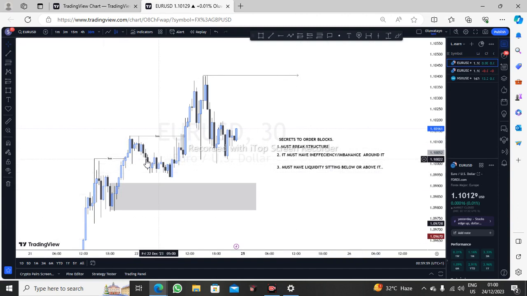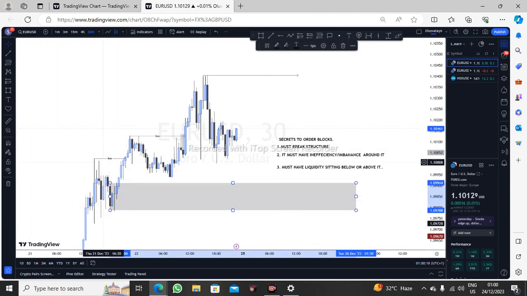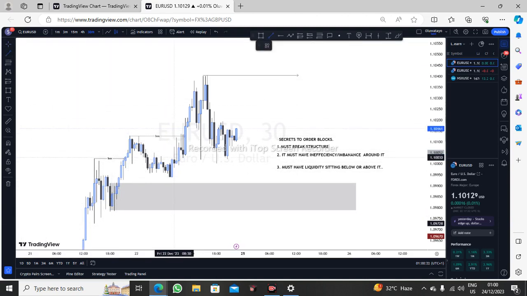Now the only reason as at this time why I won't be using this order block is because it has no liquidity sitting below it, that is no low sitting below it. Now the only time this order block becomes valid to me is because right now it has met all criteria. This order block personally has broken structure not once, not twice. Now it is having liquidity sitting below it, and this is inducement liquidity.